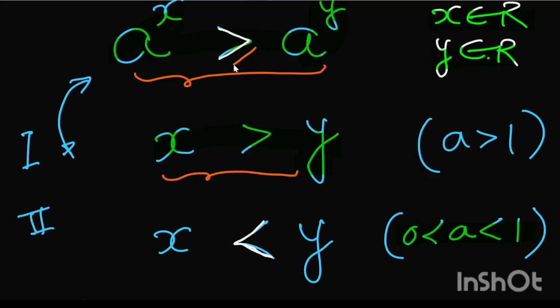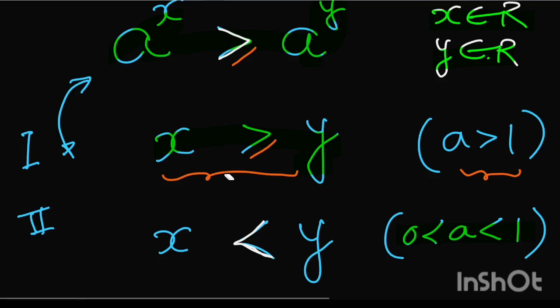If here it is greater than or equal to, then here also it would be greater than or equal to. Okay. So this is possible. This is true when the base is what, guys? When the base is greater than 1, guys. This is the first part.